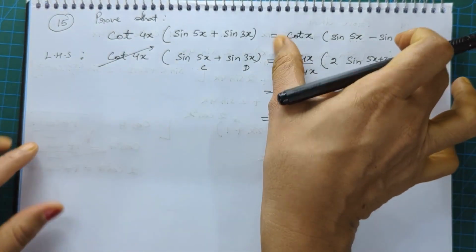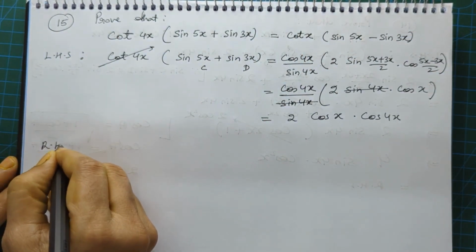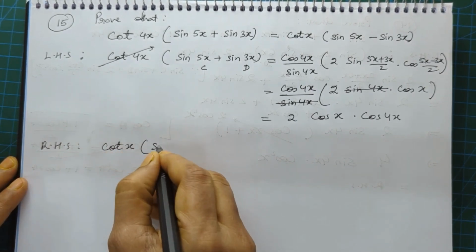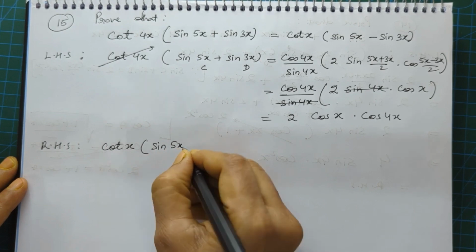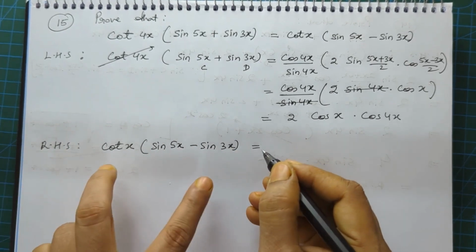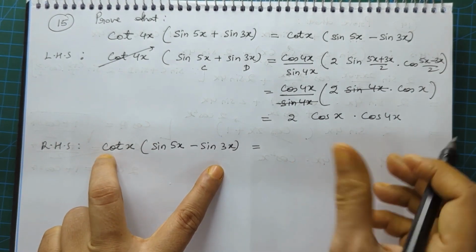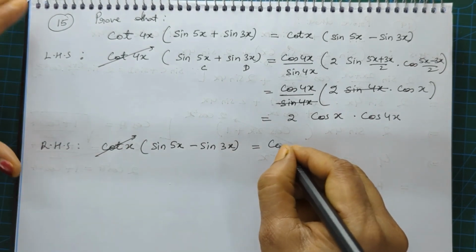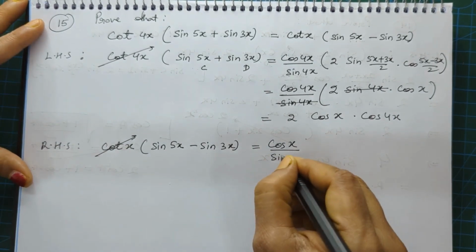Now we'll take the right hand side. Right hand side is cot x times sin 5x minus sin 3x. So right hand side also we will simplify and we'll see whether we are getting the same term. Cot x is cos x by sin x.